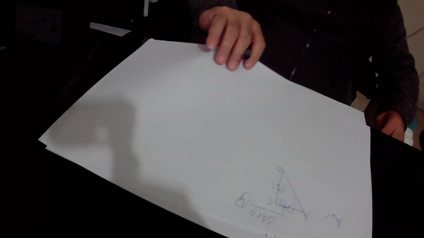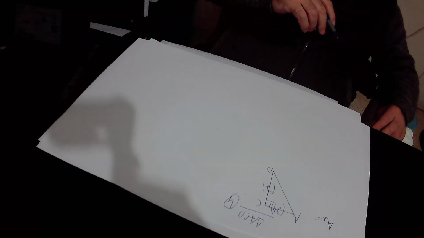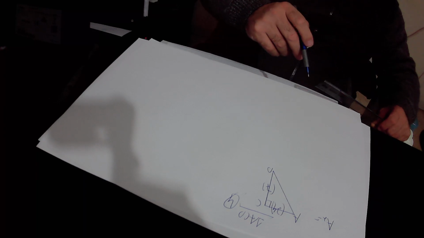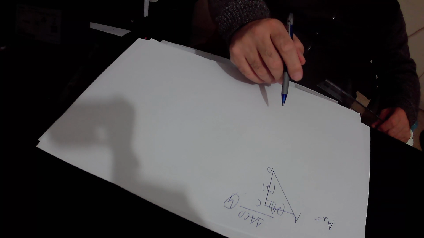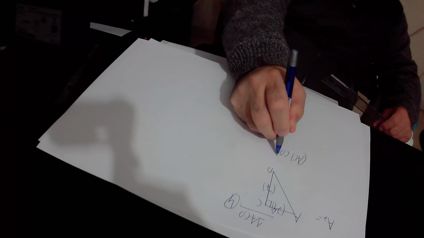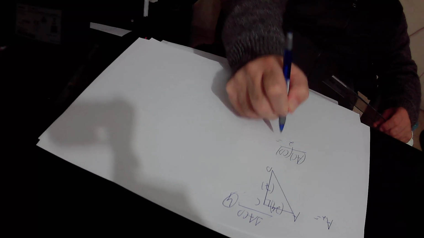So actually this is the green right triangle ACD that I copied from the original drawing, and this is actually A2 according to our definition. The area of this right triangle ACD must be equal to AC times CD over 2.